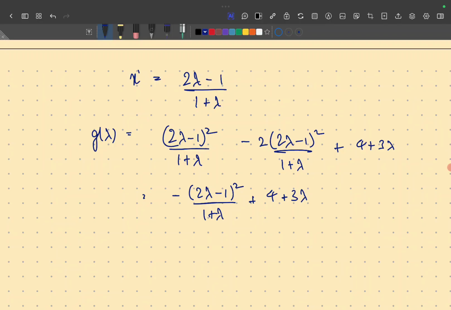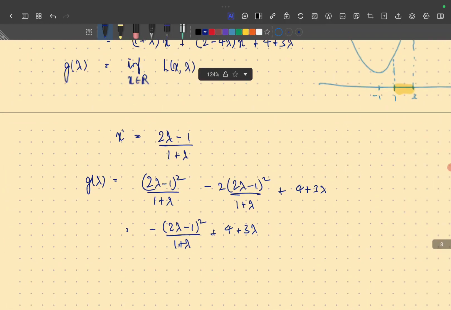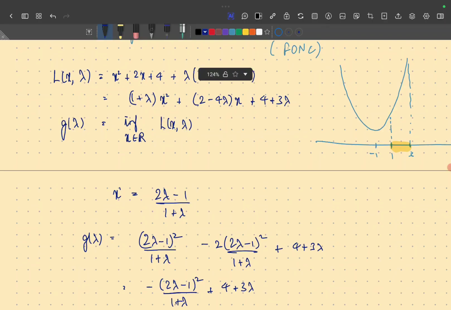So you have some quadratic in lambda divided by 1 plus lambda. Okay, so it somehow seems to be more complicated than the problem that I started out with. But of course, this is under the constraint that lambda is greater than or equal to 0. But again, in this case, do you think strong duality holds?